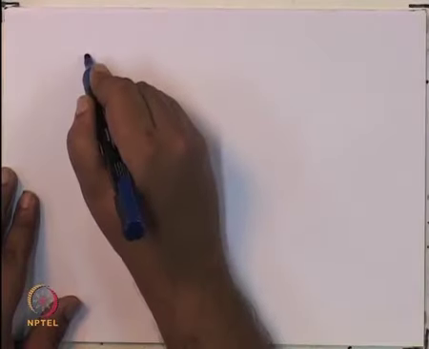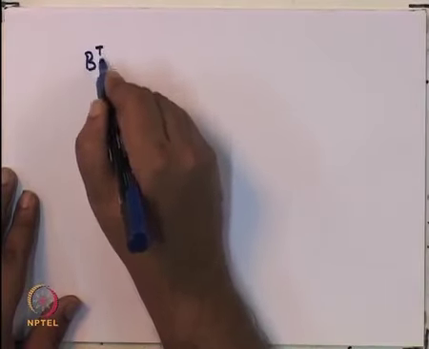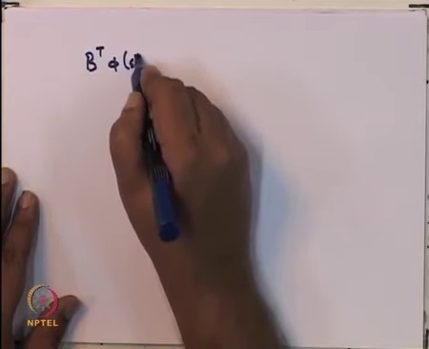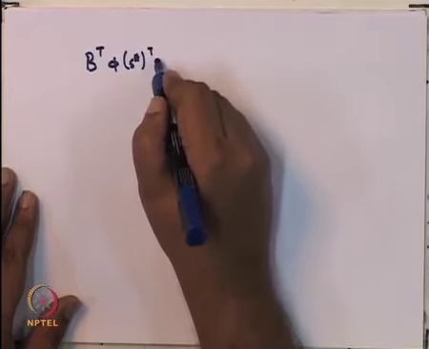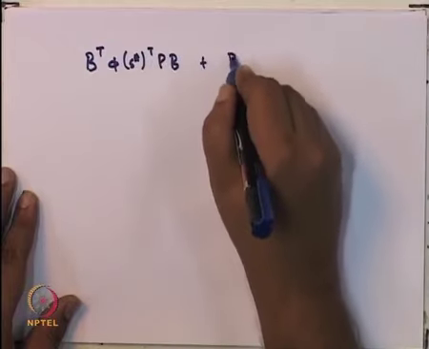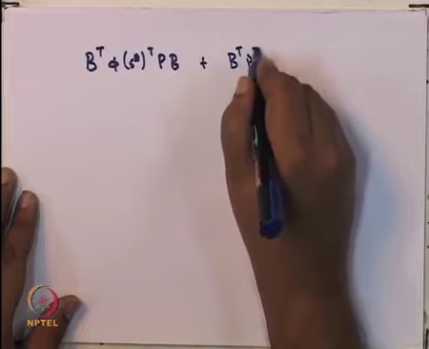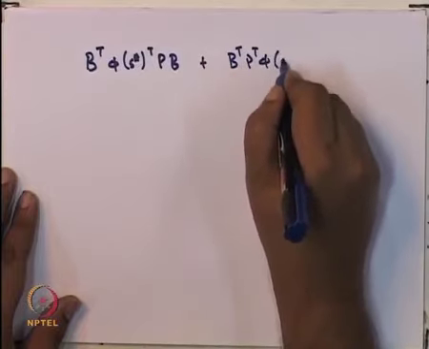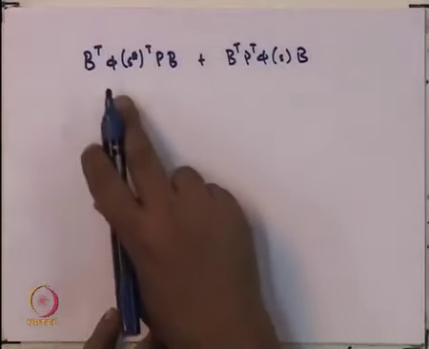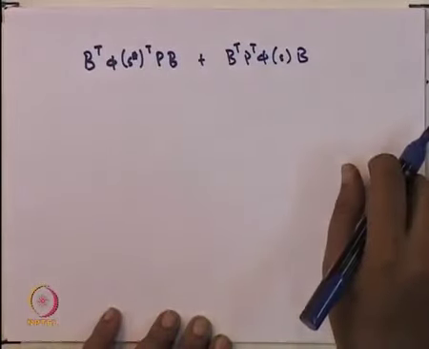Just concentrating on those 2, I have B transpose phi S star transpose PB plus B transpose P transpose phi S B. Now, I am going to do some simplification of this.